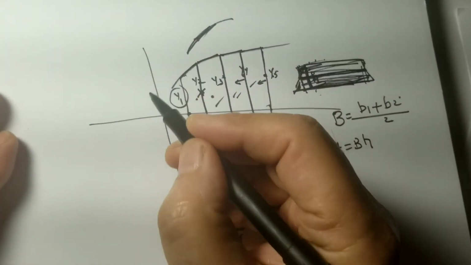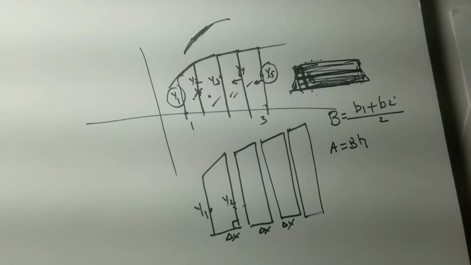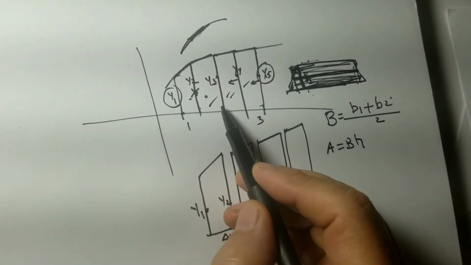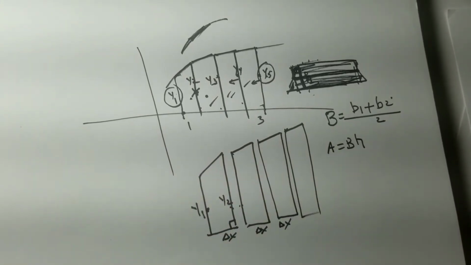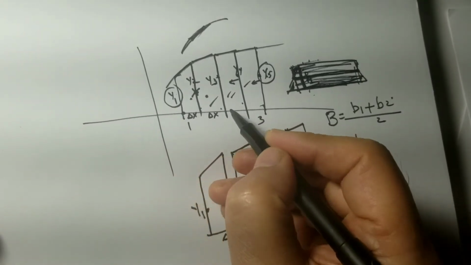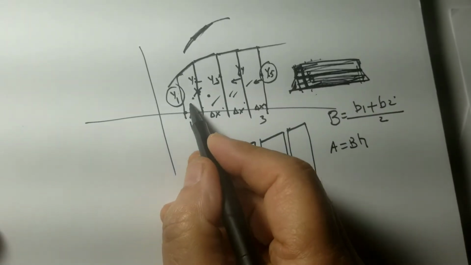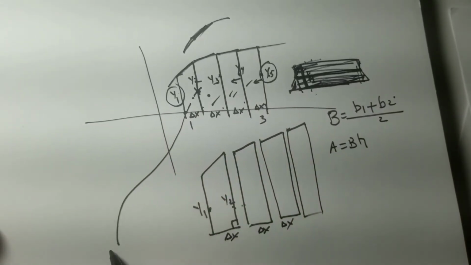Therefore, remember, Y1 and Y5 are used for one and only one trapezoid. But anything between them is going to be used for a trapezoid to its left and a trapezoid to its right. And you know this one, all of them, the base is delta x. What is the area of the first trapezoid?